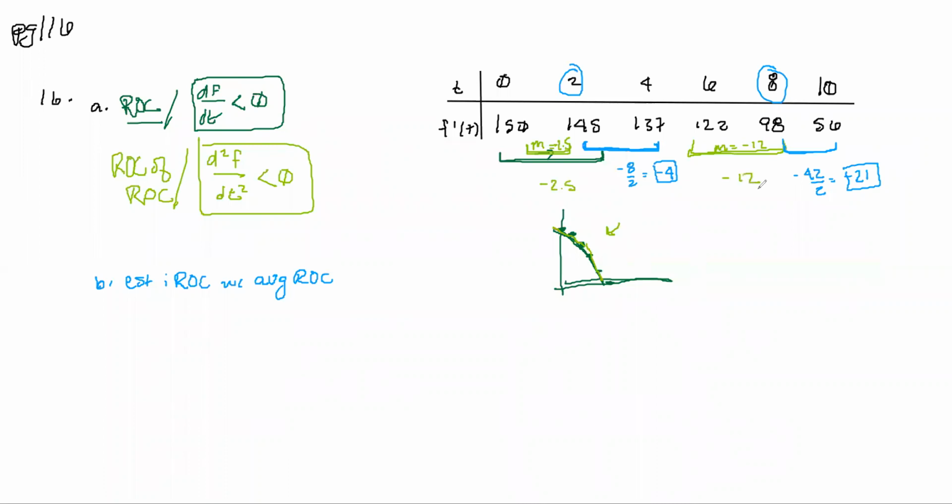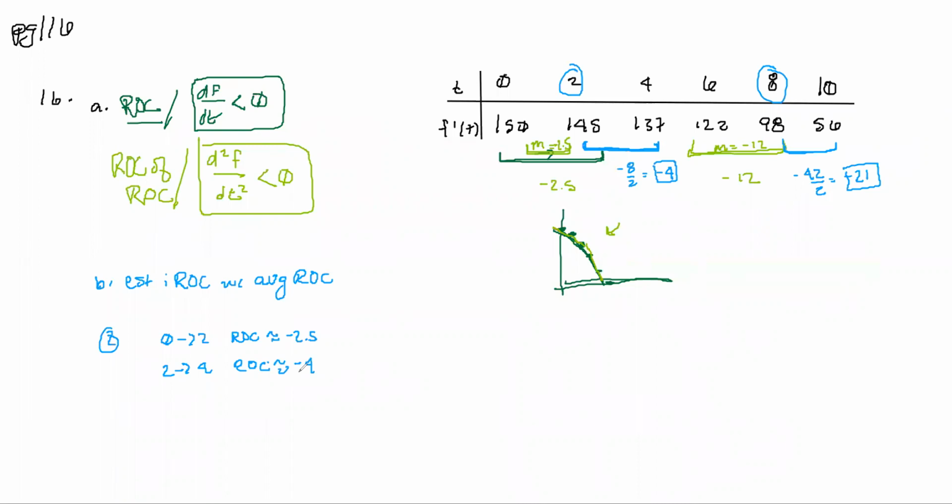What I would do is just average these together to find the best representative at 2. So at 2, from 0 to 2, the rate of change is approximately negative 2.5. From 2 to 4, it is approximately negative 4.